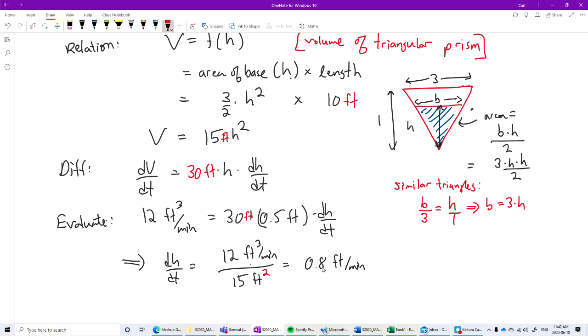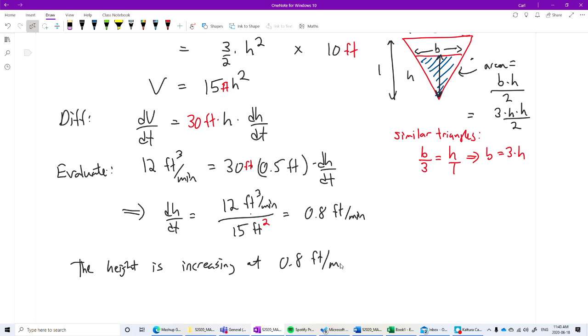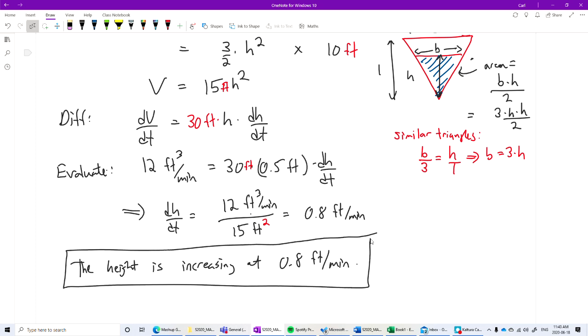There we go. So that's feet, exactly. Got it right. So, final answer. The height is increasing at 0.8 feet per minute. Good. I like to put a box around the final answers usually. Sometimes I forget, but if you guys do that, I would appreciate it, putting a box around the final answer.